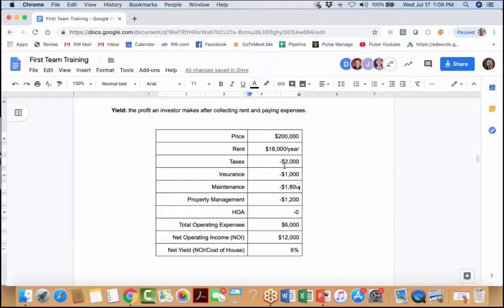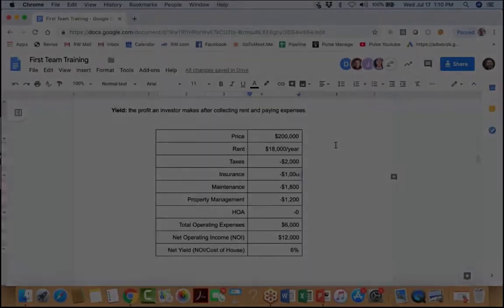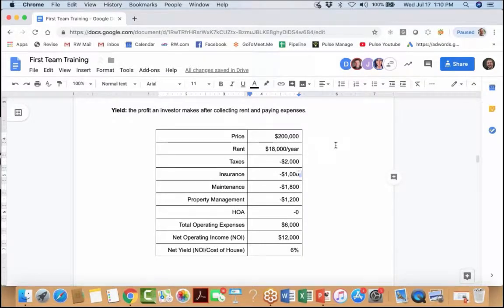So my total of all my expenses is $6,000. All right. So if I subtract that $6,000 out of my gross rent, I am left with $12,000 of net operating income. Write a check for $200,000 and I get a $12,000 income after all expenses. I've made a 6% return on my money.